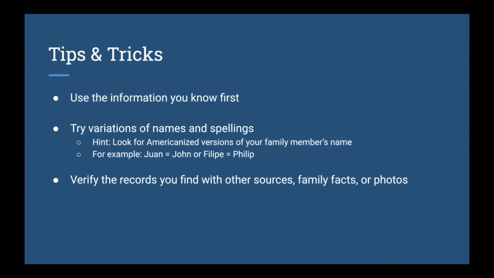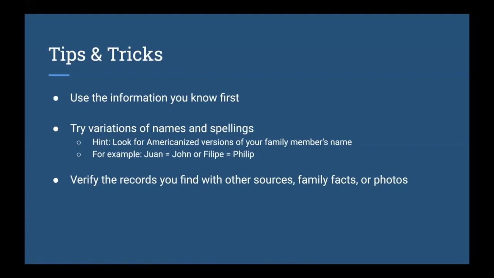Another tip that I want to give you is to try different variations and spellings of names. For example, it's possible your family member has an Americanized version of their name or last name. For example, a Philippe might be a Philip. And it's possible that especially if you're looking in census data, that their name may be misspelled.